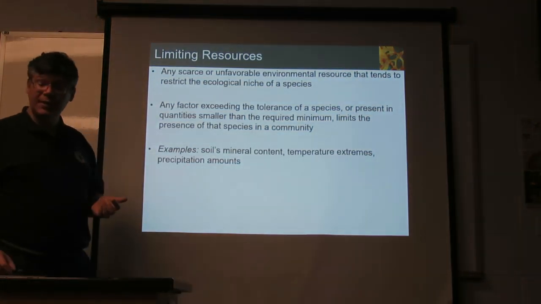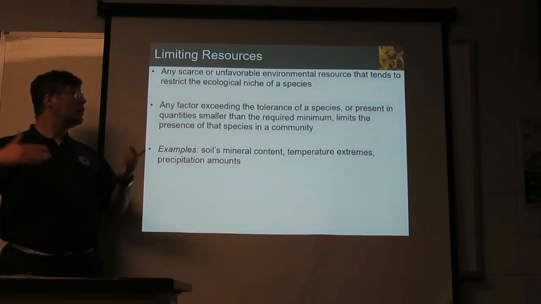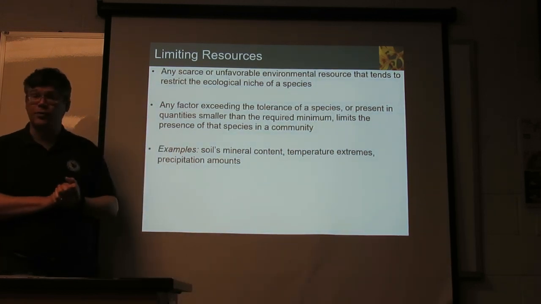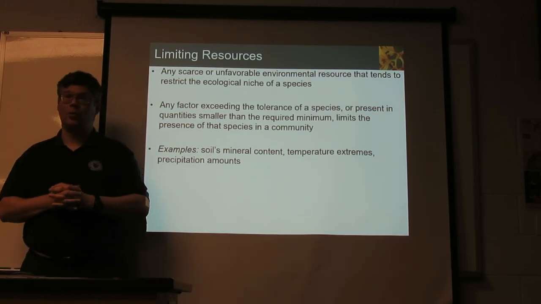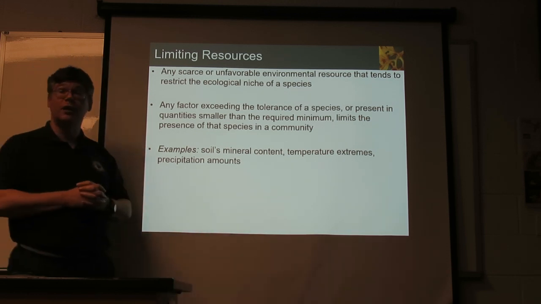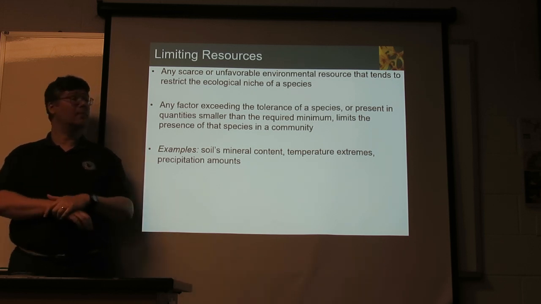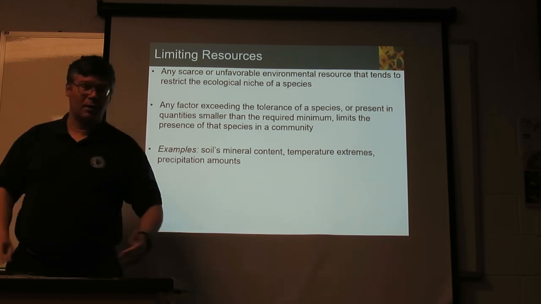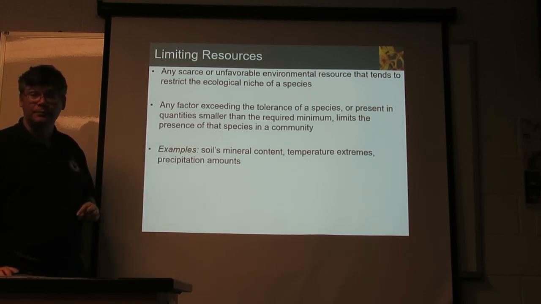For any particular species, there are likely to be various limiting resources. Obvious extremes: humans, we need to have a certain amount of water and food, and temperatures not too extreme. We can't live, say, without special shelter in the middle of Antarctica.